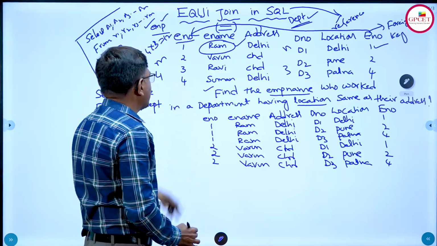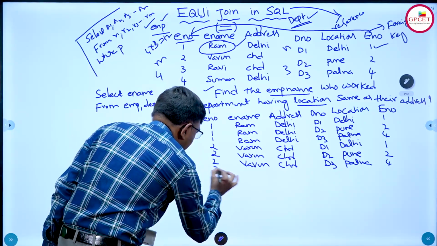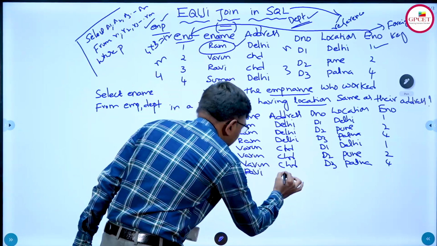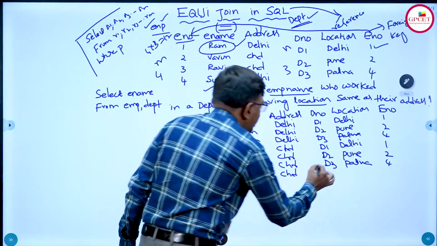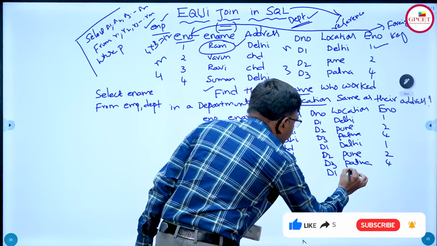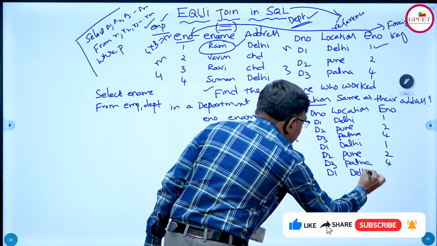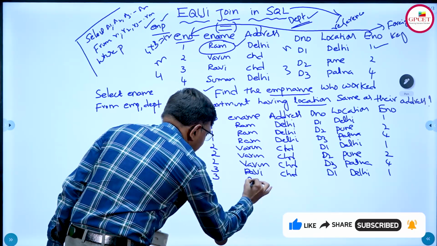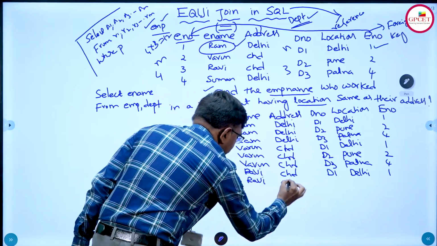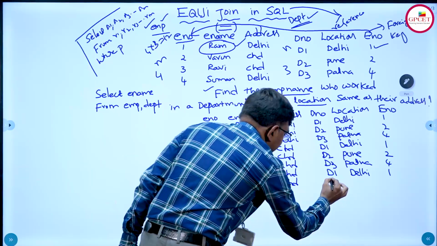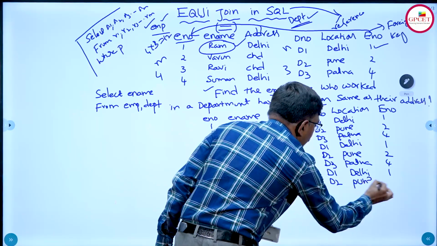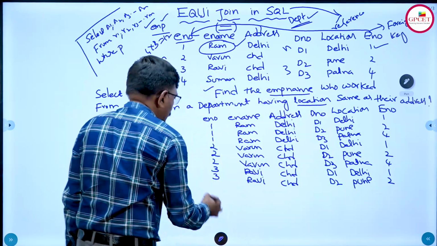Okay, right. Next one, third, Ravi Chandigarh. 3 Ravi Chandigarh. Same procedure: 3 Ravi Chandigarh multiplied by department D1 Delhi, employee number 1. 3 Ravi Chandigarh, D2 Pune, employee number 2.